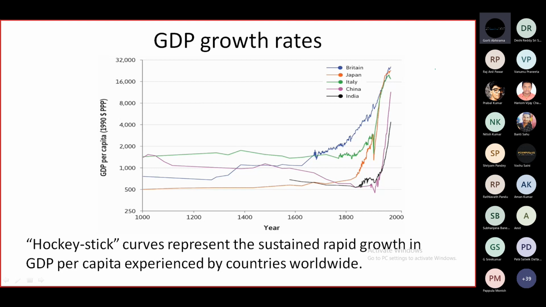And understanding how this has happened has been one of the important questions that economists have asked, starting from the founder of the field as considered in modern economics, Adam Smith, who wrote a book named An Inquiry into the Nature and Causes of the Wealth of Nations.